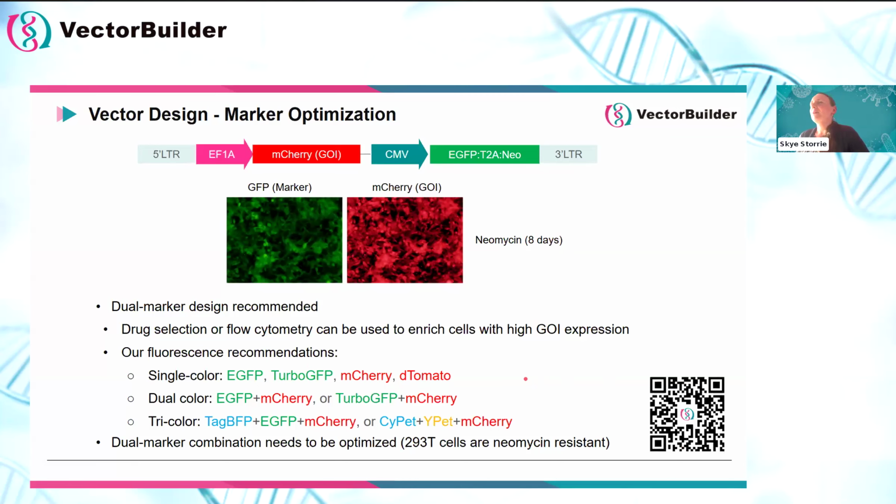Again, like I said, depending on how you want your markers expressed, you need to think about the order. So generally, we recommend that you put your fluorescent reporter upstream so that you definitely get good expression levels of this, and then put your antibiotic resistance marker downstream.